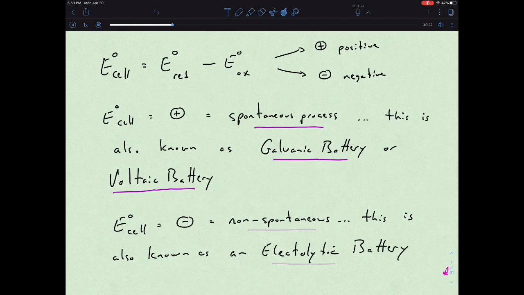So we have two opposite sides of the same coin: whether we're spontaneous and galvanic or voltaic, or whether we're non-spontaneous and electrolytic. That just deals with the sign of the cell potential, whether it's positive or negative.